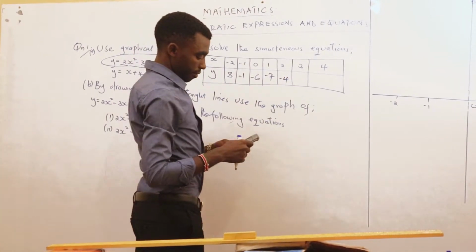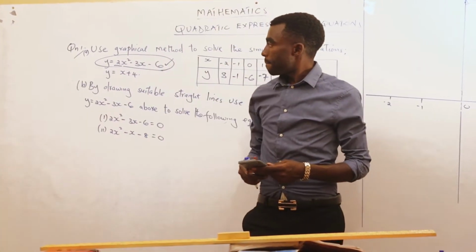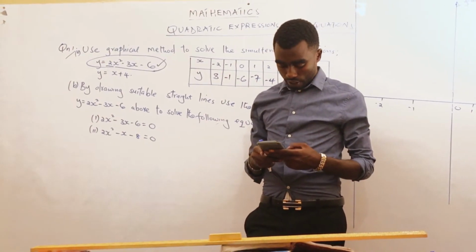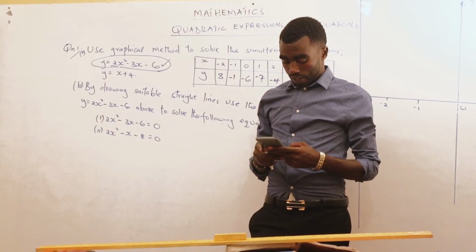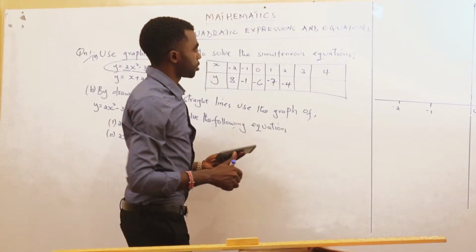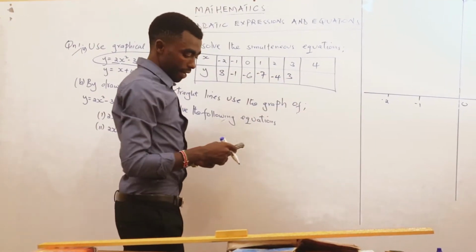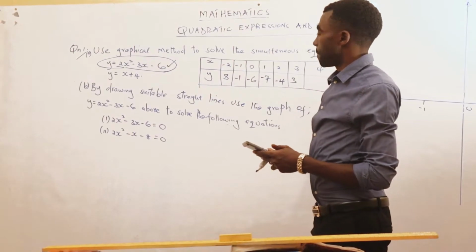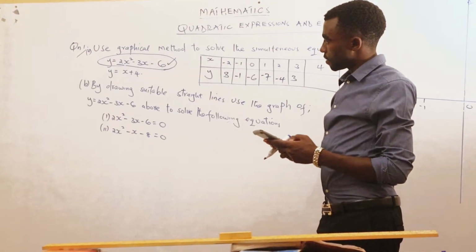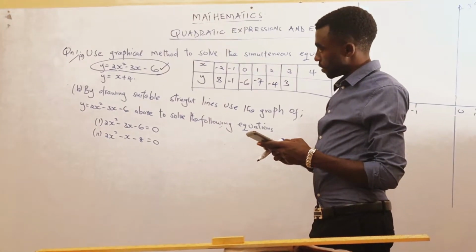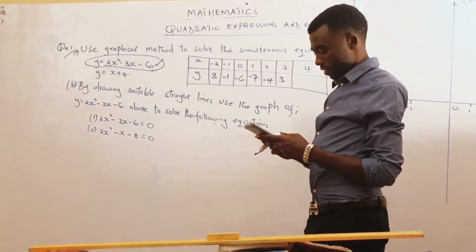When x is 3, computing on the calculator there, 2 in brackets 3 squared minus 3x minus 6, the answer will be positive 3. Then finally, when x is 4, there will be 2 in brackets 4, close the bracket, squared, minus 3 in brackets 4, close bracket, minus 6.